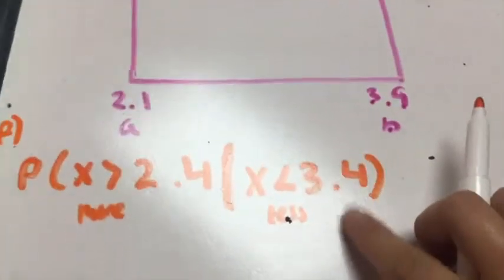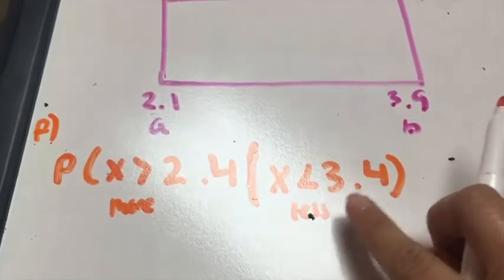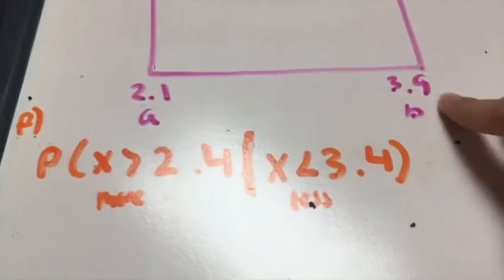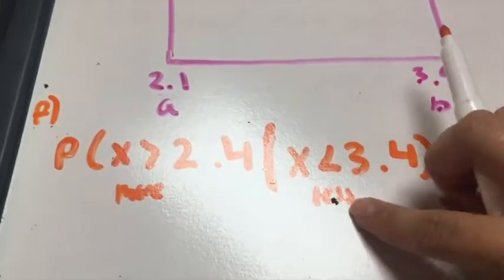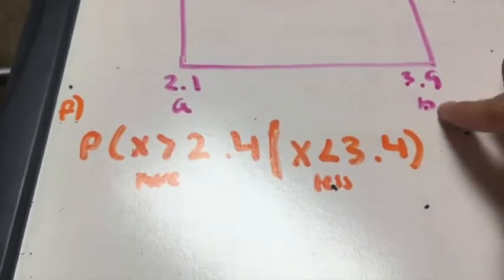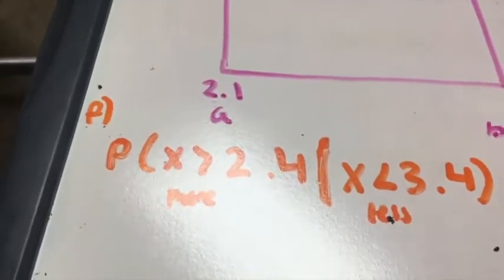So it's on the condition that your x's are less than 3.4. Notice how 3.9 is bigger than 3.4, but because of this conditional probability, the largest number you can get is 3.4. So you're going to have a new b, and that is going to be 3.4.